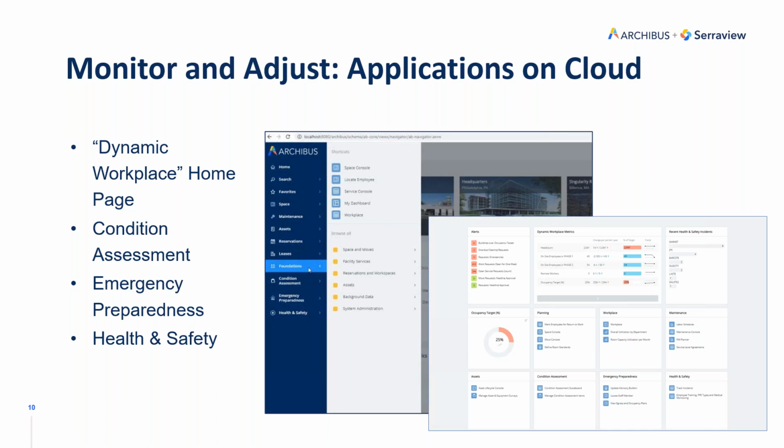We call it dynamic workplace, that brings in information from hoteling, information from reservation, information about capacity and occupancy, and a lot of information about workplace as well, and specifically corrective maintenance that has to do with how many people have reported incidents, how many rooms are in fact available before, after cleaning, how many are not, how many individuals are at every class and who they are, or every workplace and who they are, and on and on.